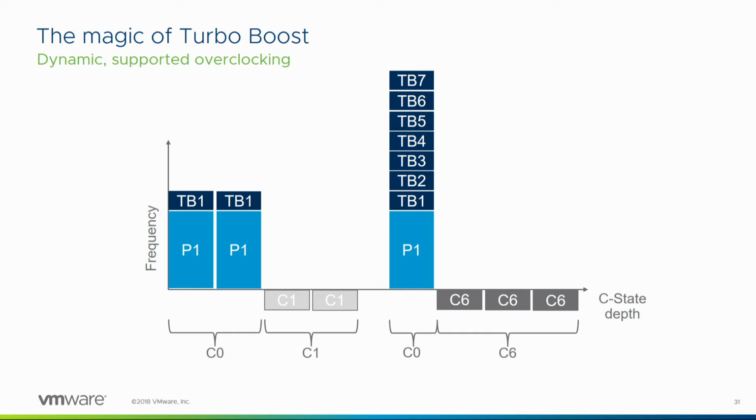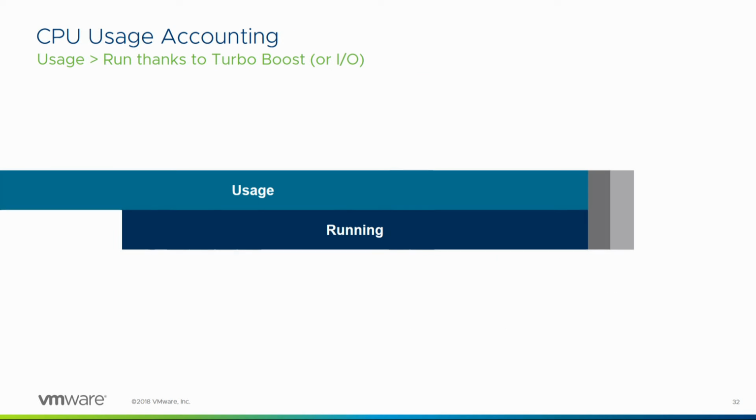There are a few who want it a little more deterministic, but for 95% of workloads, this is the way to go. Because now, when you look at usage and run stats, usage is actually faster. Given that we normalize against single core nominal frequency, now that we run 1 gigahertz faster, you see that usage goes beyond just running.